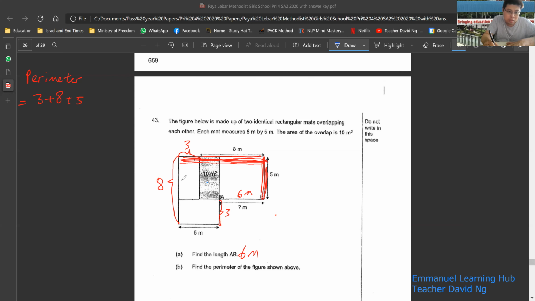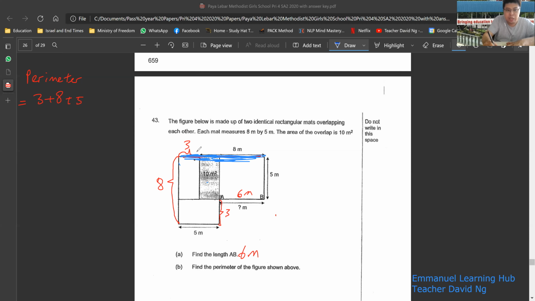You start from which part? I start from the top. Do you mean this blue part here? Yeah, I count all together first.